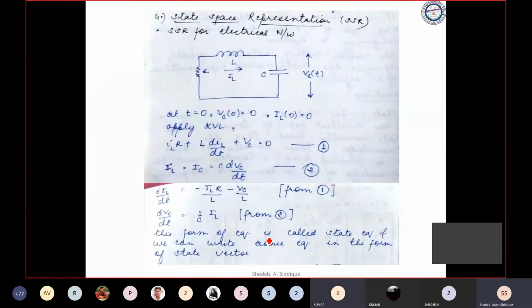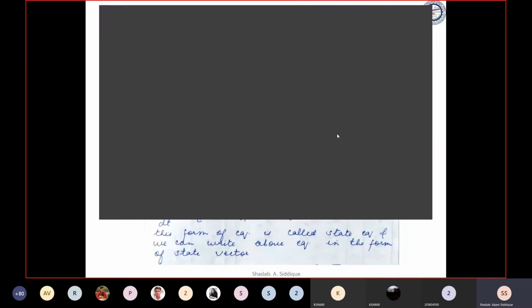We have two storing elements, L and C, so we have two state variables, that is VC and IL, the two state elements, two state vector. Initially the capacitor was discharged, and the inductor was also not considered.